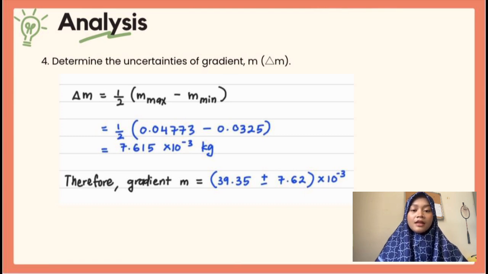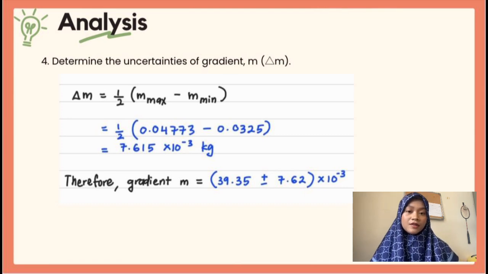Thus the uncertainty of gradient is equal to 7.615 times 10 to the power of negative 3 kg. Therefore, the gradient m, or the mass, is equal to 39.35 plus minus 7.62 times 10 to the power of negative 3 kg.